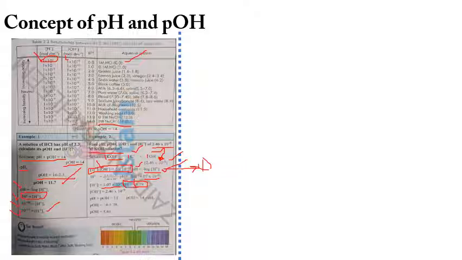From equation number 1: when we put the H plus ion concentration and take the logarithm of this value, you can take it from the calculator, and pH will come 5.39.